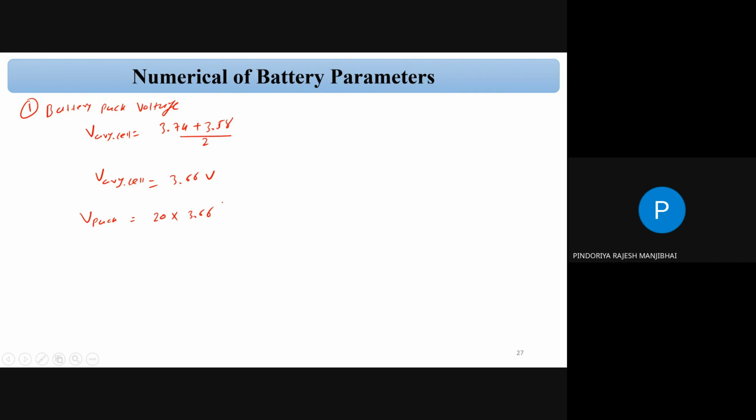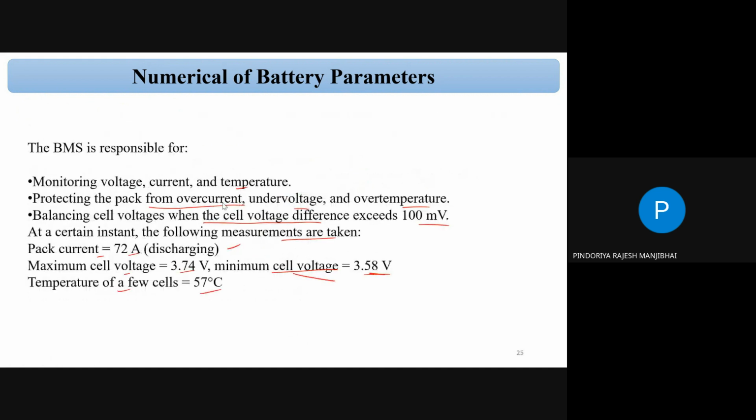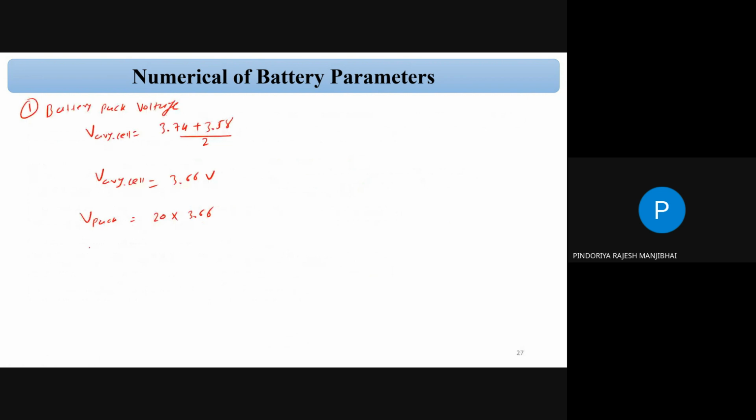Why 20? Because the series connection is 20. That's why we have to multiply by 20. So 20 into 3.66. So V pack is equal to 73.2 volt. So this is for the first answer.